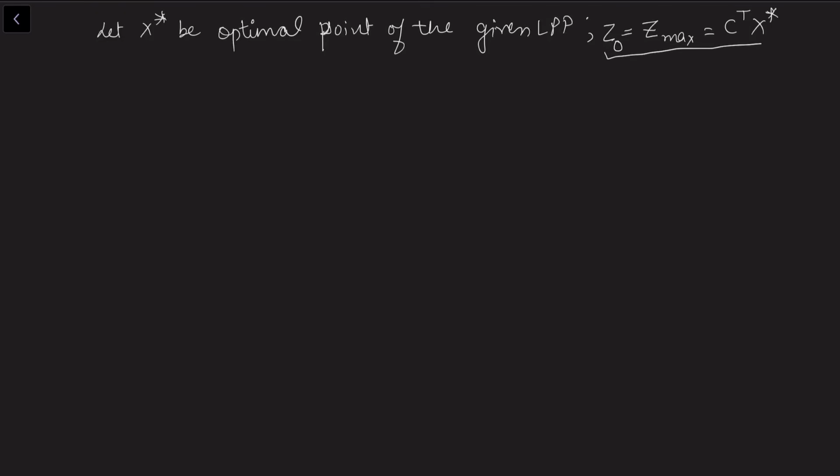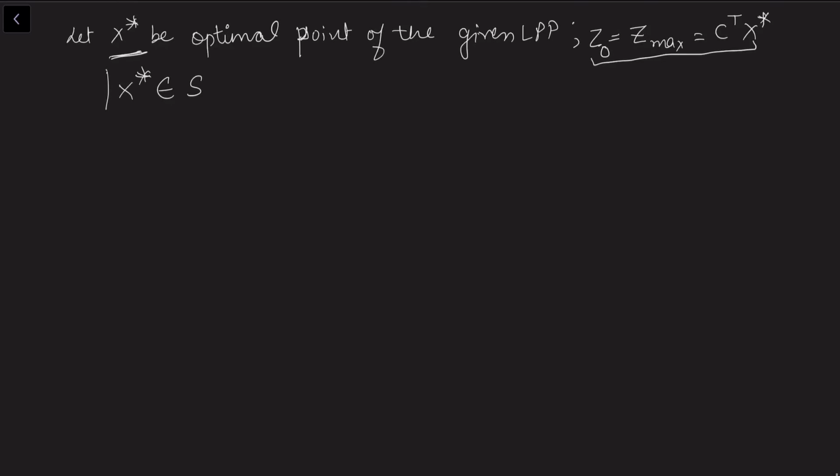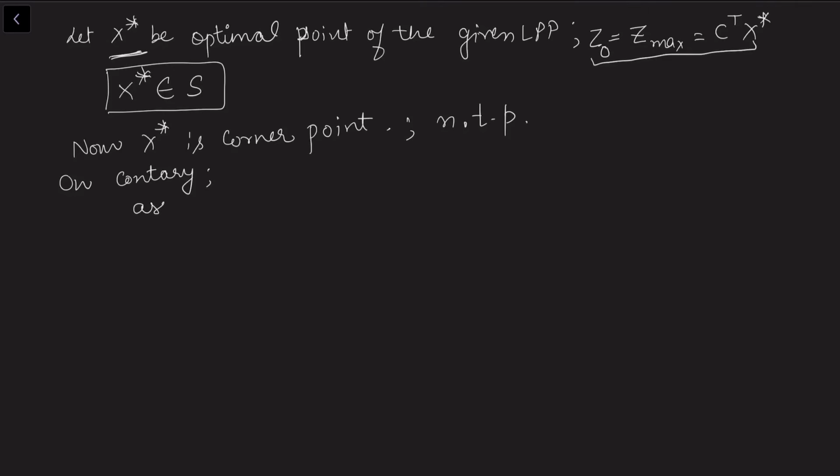We have assumed that this is the optimal point, and this optimal point lies in the feasible region. Now if x star is already a corner point, there is nothing to prove. We want to prove that the optimal solution exists at the corner point, and in that case there is nothing to prove. On the contrary, assume x star is not a corner point.